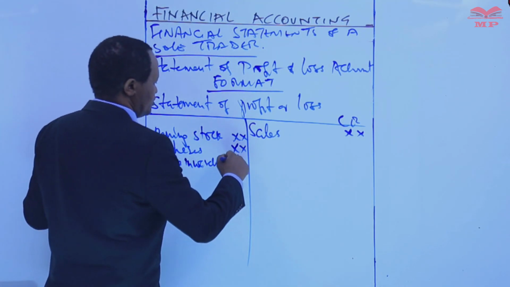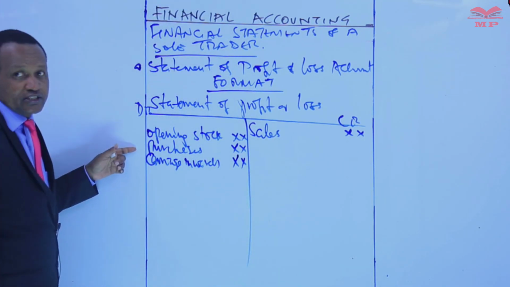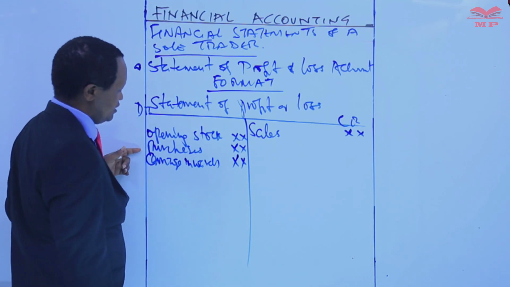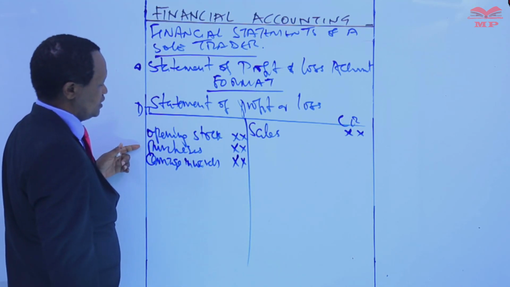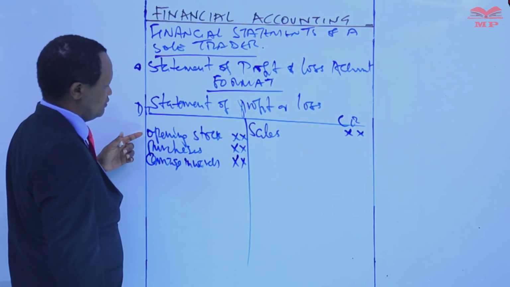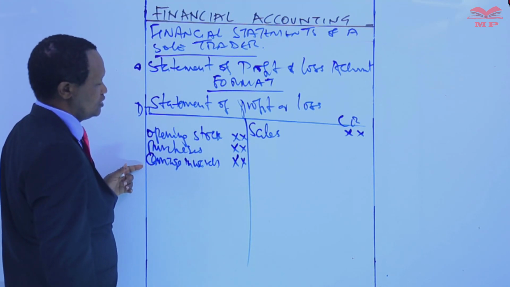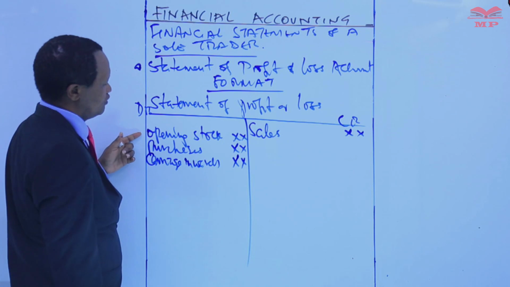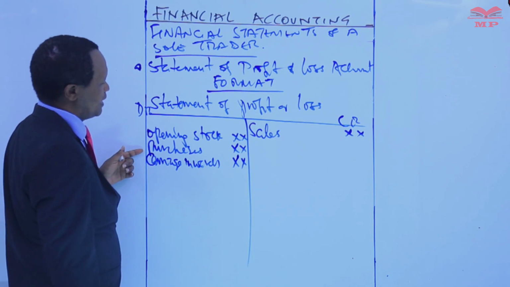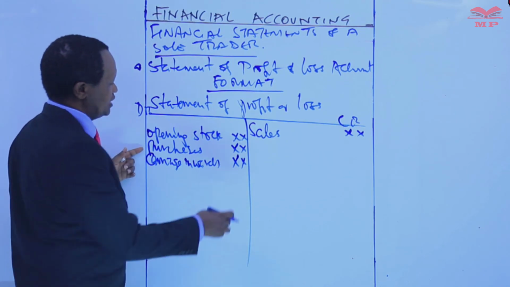Now carriage inwards is just the transportation cost on purchases. When buying these inventories, if any transportation cost was incurred in the process, then we add it to the purchases.